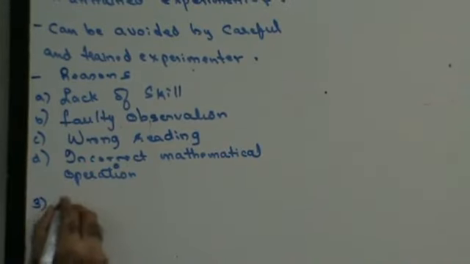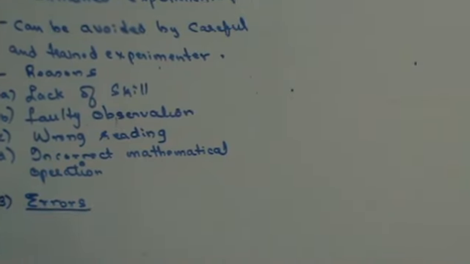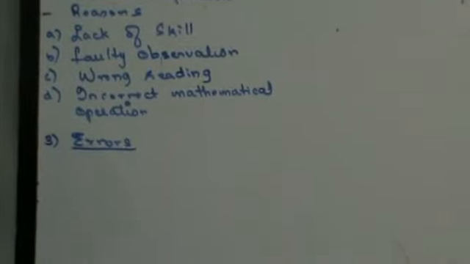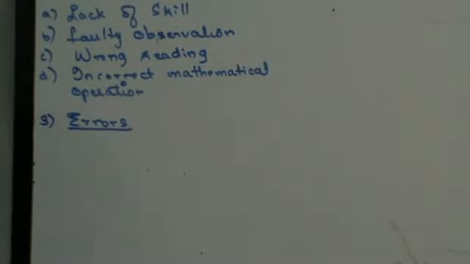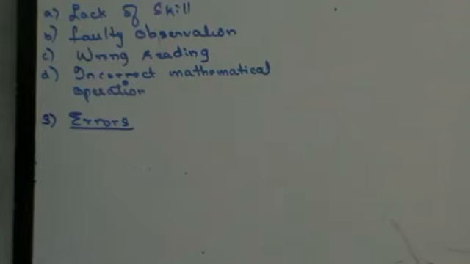Next, what are errors? Errors are the shortcomings which can occur even to the most careful observation. Errors cannot be completely eliminated but can only be minimized. Errors are caused due to the shortcoming of the instrument.